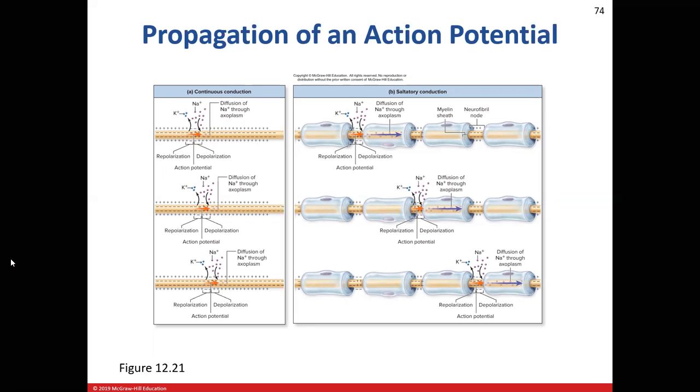With saltatory conduction, it's a little bit different. You'll notice that we are going to have channels literally every little step of the way on an unmyelinated axon. But here we have the channels only in these nodes. And so you'll see the voltage gated sodium channels open. It allows the action potential to be generated at the node. And then it zings its way all the way through the myelinated section until it stimulates the next node.